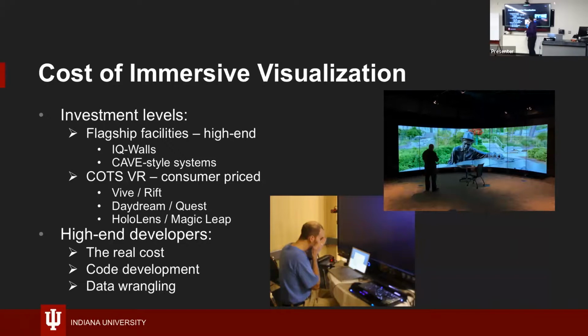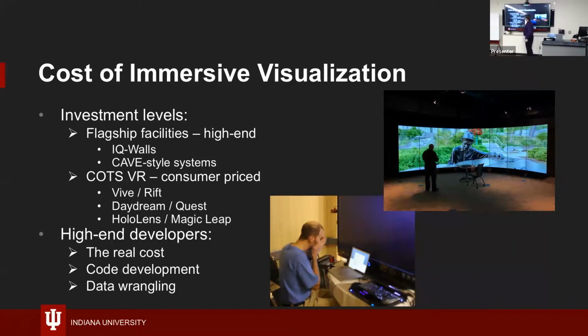So obviously there's going to be a lot more action happening in the consumer world, but there are still times and places for big displays, just like we have a room here with a big display on the wall, and it allows for sharing and conversation. So there are still good uses for flagship facilities.